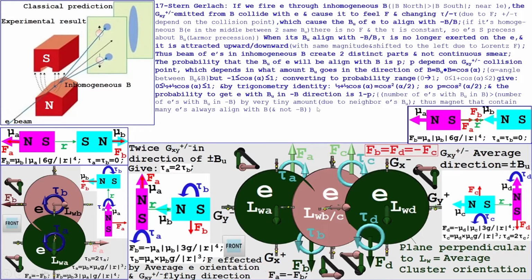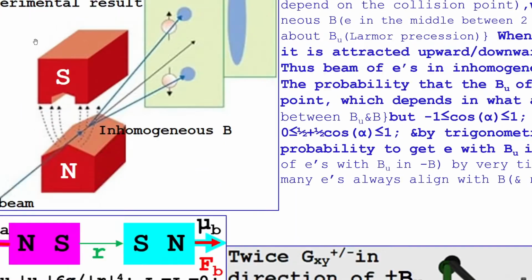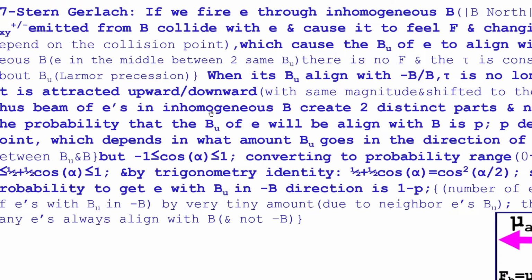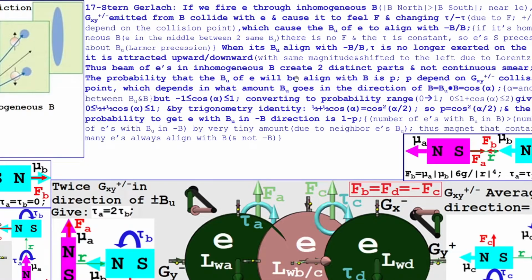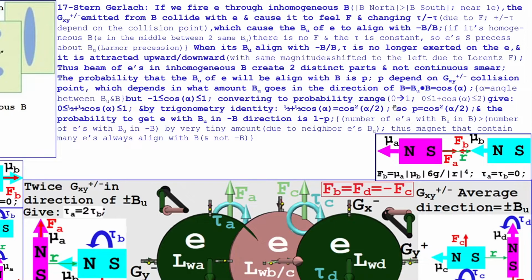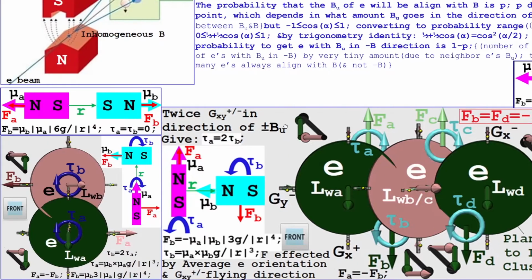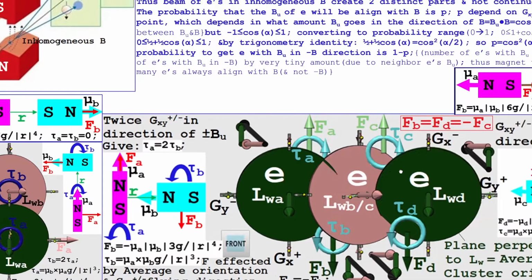Step 17. In the Stern-Gerlach experiment we fire electrons through an inhomogeneous magnetic field. Because of the movement of the electrons, G sub xy from the magnetic field hit them in various points, and exert a changing torque on them, which aligns their internal magnetic field, parallel or anti-parallel, to the external inhomogeneous magnetic field.